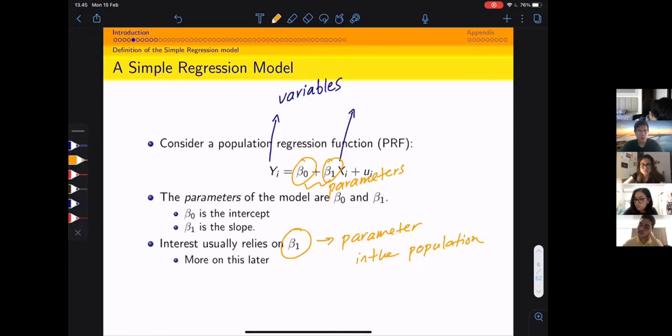If you recall the concepts in your statistics course, we don't know the value of the parameter of the population in general. So what we're trying to do is get some sample, and then using that sample, estimate the value of beta 1 in the population. So I'm just going to write that beta 1 is unknown.